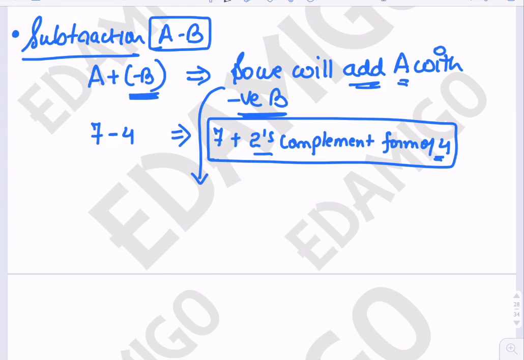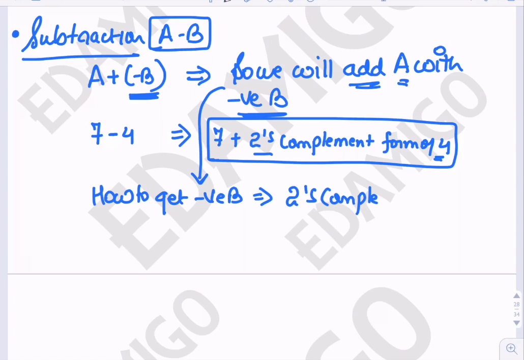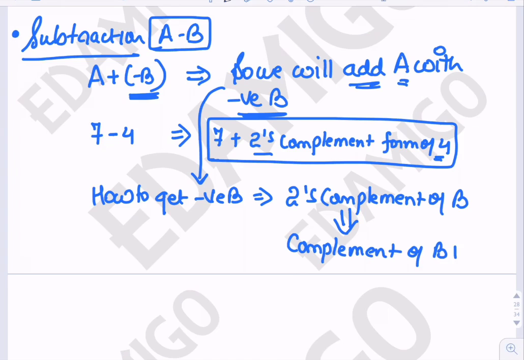So how to get negative B? Negative B means 2's complement of B. And how to get 2's complement of B? 2's complement of B is equal to complement of B plus 1.